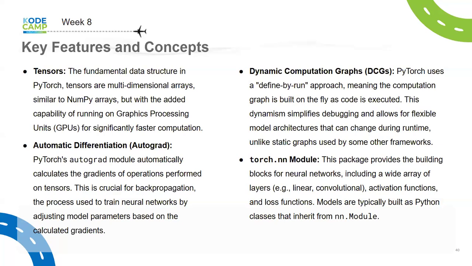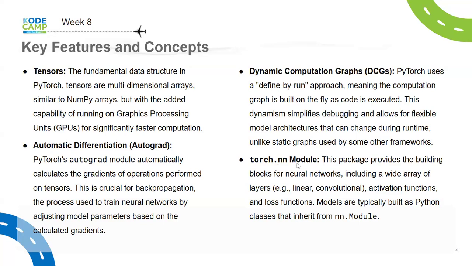Okay. And it also allows for more flexible architectures because it means you can build architectures that are dynamic. They can change during runtime and it will still work. But with static graphs where you have to compile, you could not change the architecture after compilation, right?